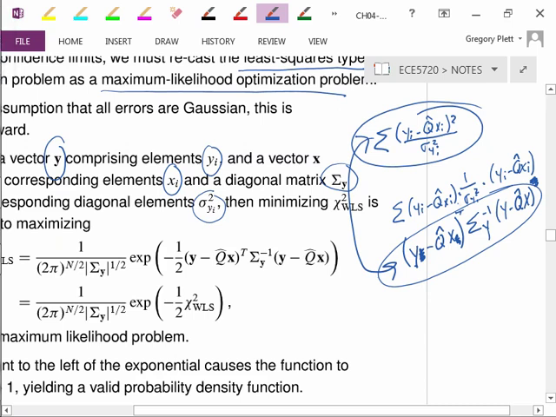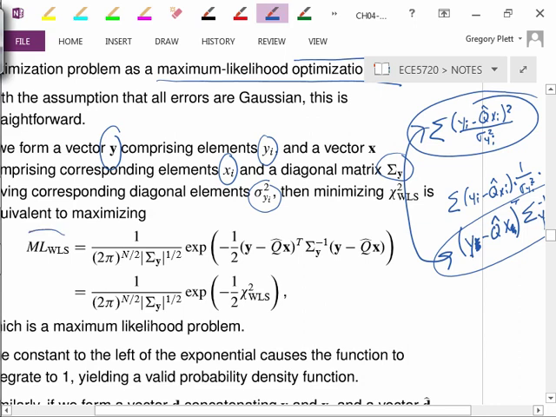Let's look at this maximum likelihood function corresponding to the weighted least squares solution. There's a number out front of the exponential. Let's ignore that for a second. I've got an exponential. I've got this minus a half, which is different, but all of this is the same as that.